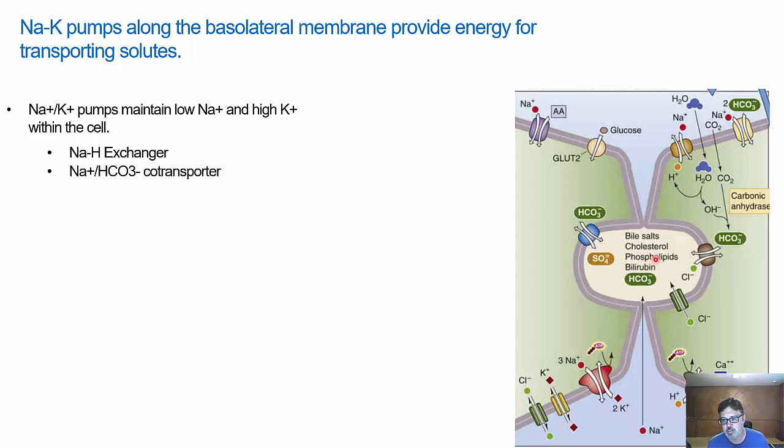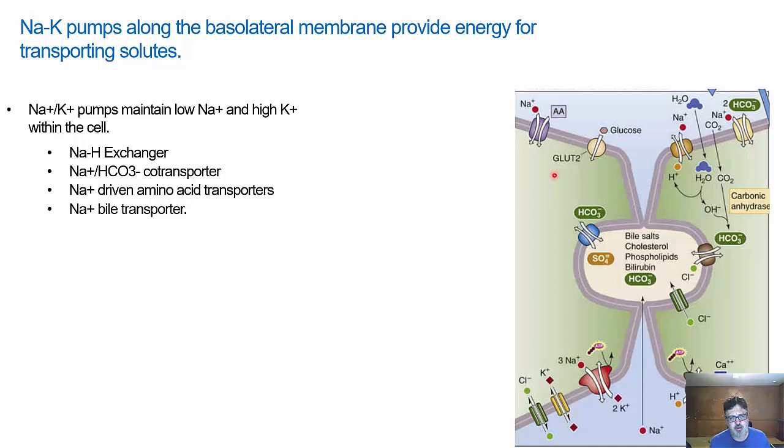We also have the sodium bicarbonate co-transporter. As the sodium is going in, it can bring with it a bicarbonate ion, also helping to increase the alkaline fluid. Amino acids can also be taken up through these sodium amino acid co-transporters. So here we have a sodium amino acid co-transporter that can pull in those amino acids from the space of Disse as well.